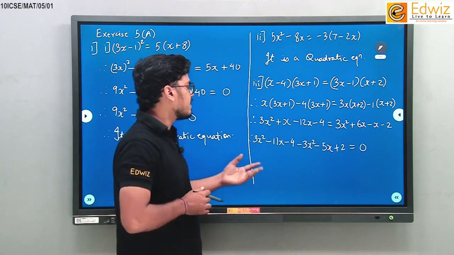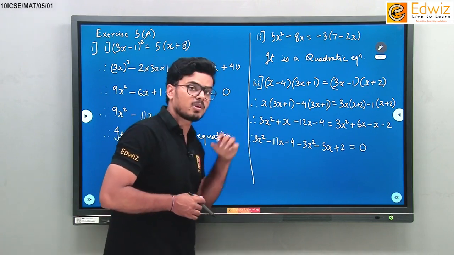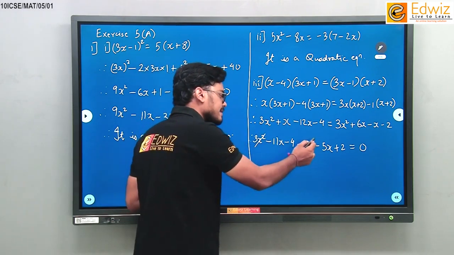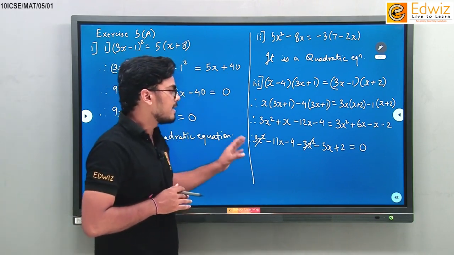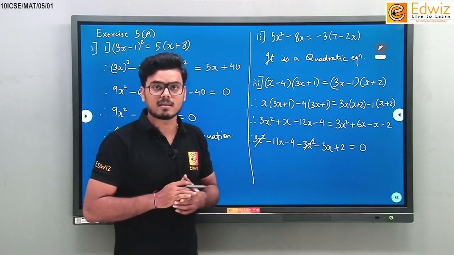But in this equation, even though there is a term with highest power 2, you can see that this is getting cancelled, correct? 3x² minus 3x² is getting cancelled out, and the remaining equation is just a linear equation.